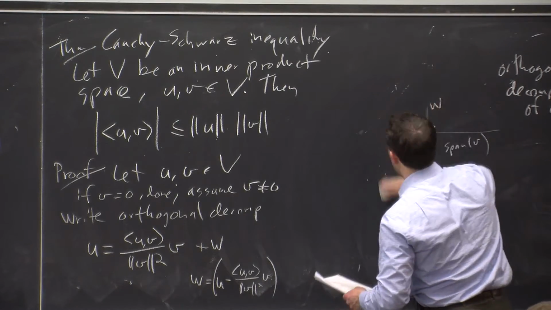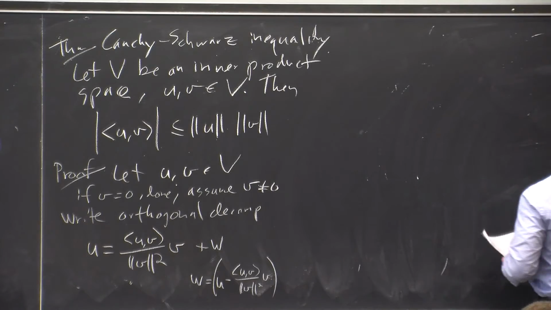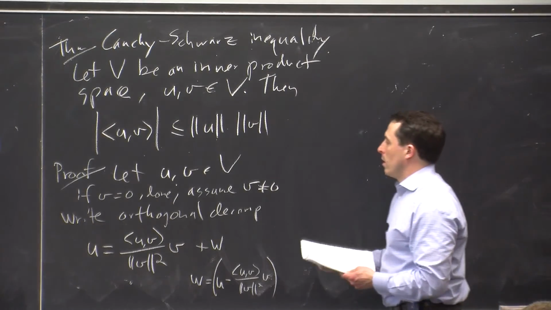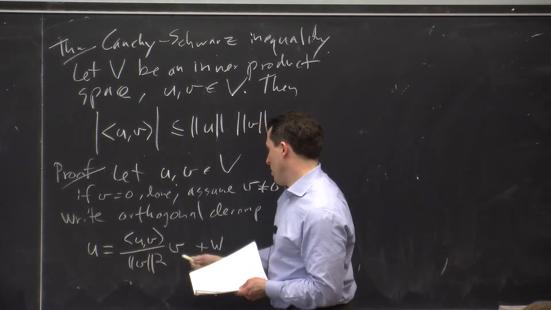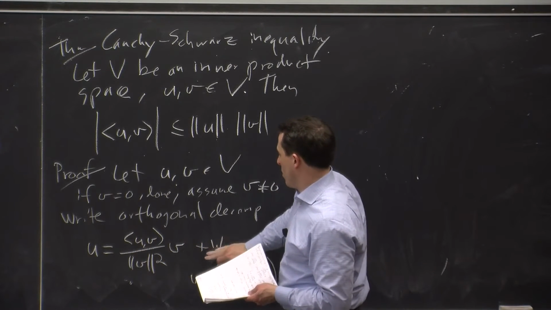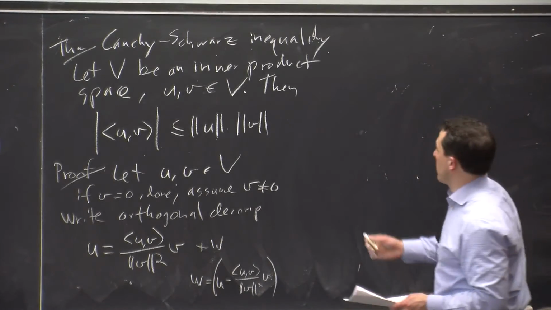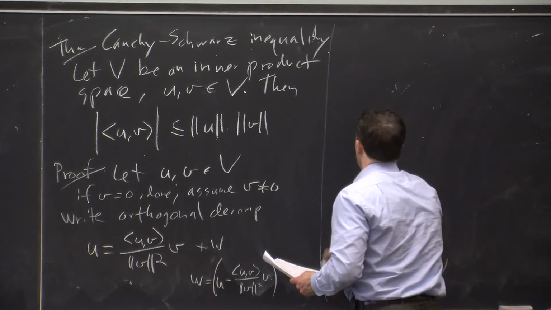Okay, so now we have an orthogonal decomposition. We've expressed u in terms of something which is in the span of v and something which is another vector which is orthogonal to that. So we have two orthogonal vectors, and that means that we can use the Pythagorean theorem.